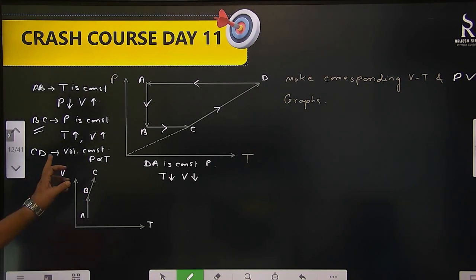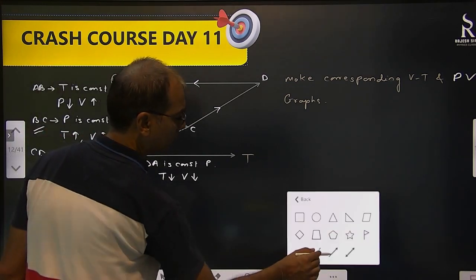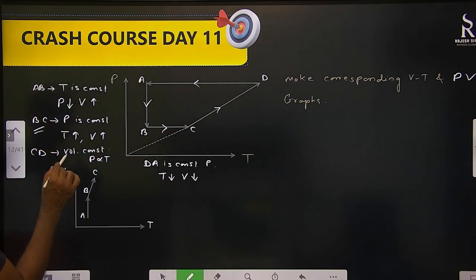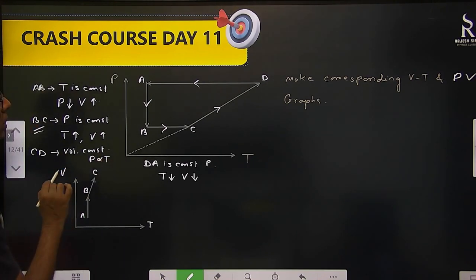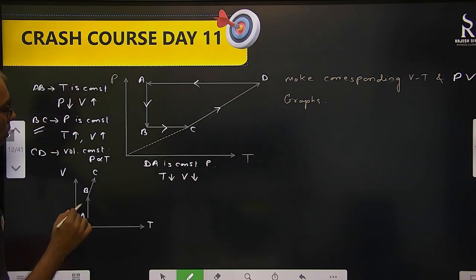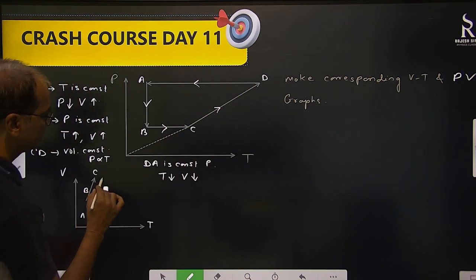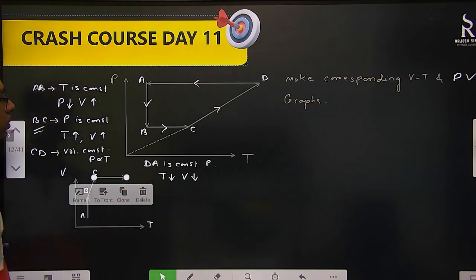Then volume is constant. First P was constant, now volume is constant. So volume constant means it will be a straight line, and temperature has to increase, right? Volume is constant and temperature has to increase. Which process? CD. Yes, temperature is increasing. So it's like this. This is our CD.